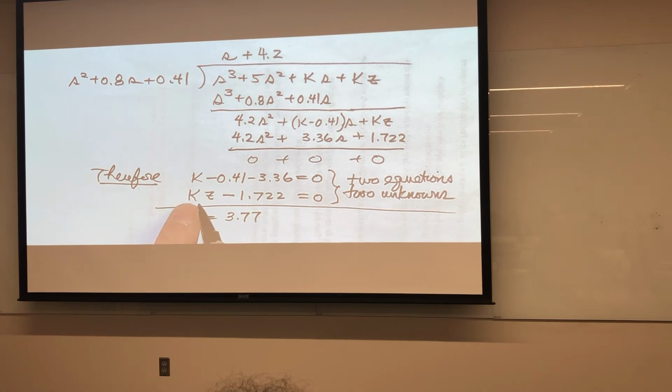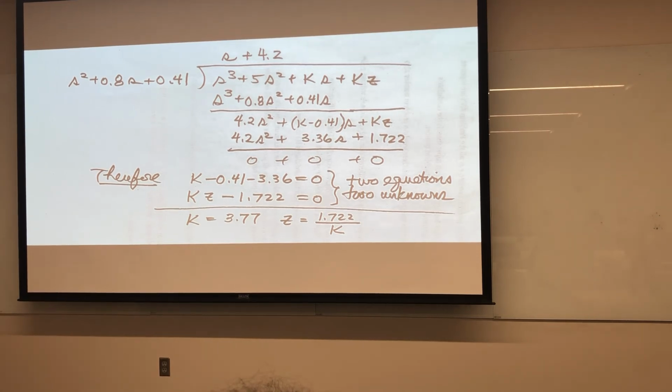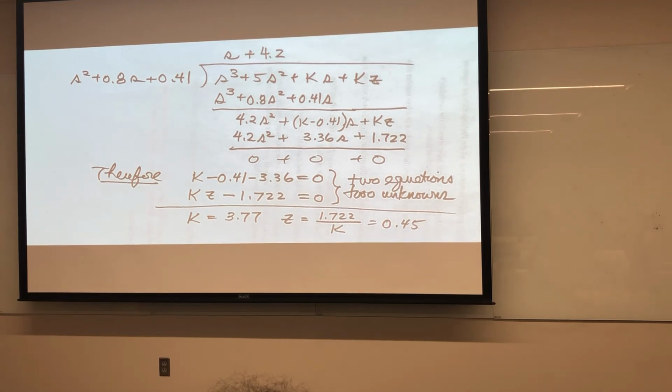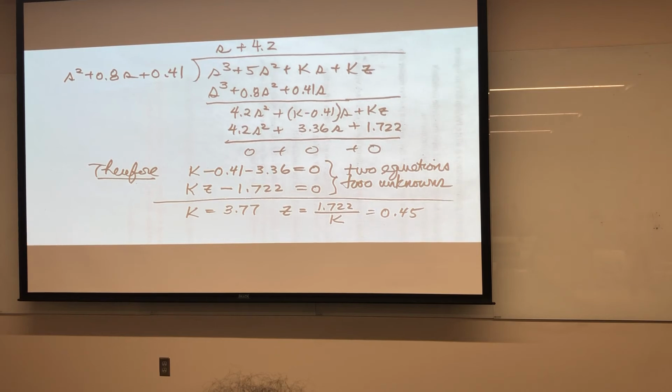And then I can plug that into here, and I get z is equal to 1.722 divided by k. Roughly a third. 0.45? Okay, I'm off. 0.45. Z is equal to 0.45. Okay. So we have solved the problem entirely by algebra.